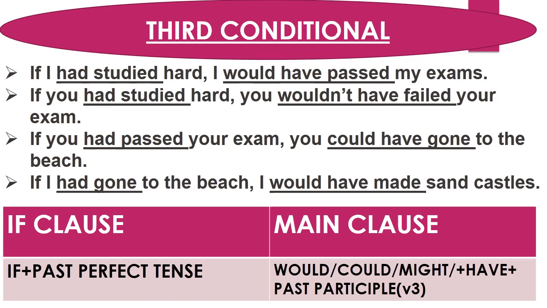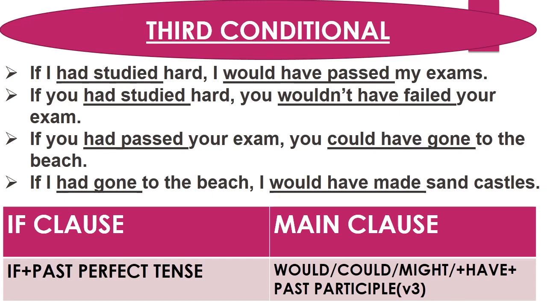If I had studied hard, I would have passed my exams. If you had studied hard, you wouldn't have failed your exam. If you had passed your exam, you could have gone to the beach. If I had gone to the beach, I would have made sand castles.